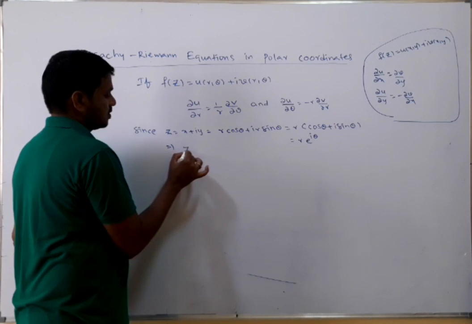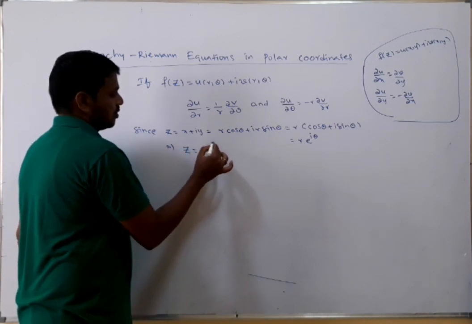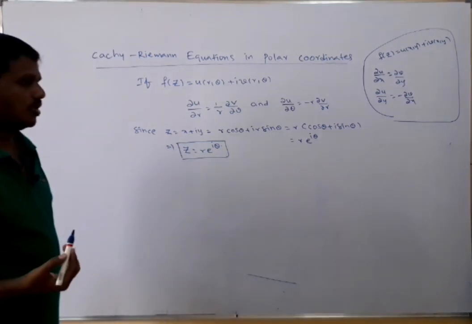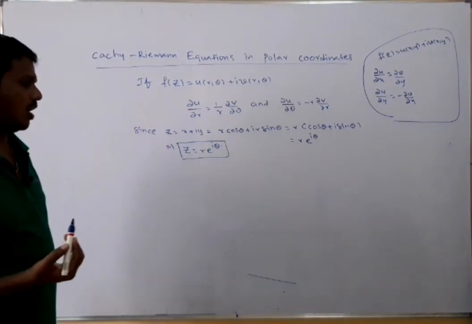Therefore z is equal to r e^(iθ). That is the representation of the complex number in the modulus amplitude form, or simply polar form.